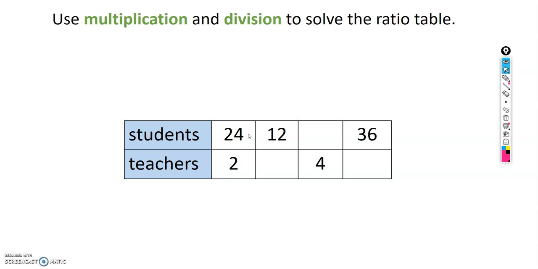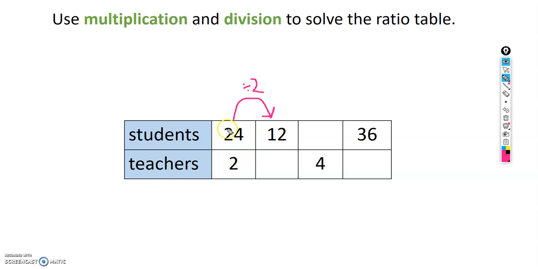And I can see that I went backwards here. I went from 24 to 12. If I'm getting smaller, am I multiplying or am I dividing? It seems to me that if I'm getting smaller, I must be dividing. So let's try this. How did I get from 24 to 12? Well, I had to divide by 2.